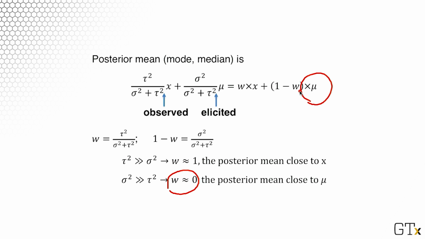But that happens only if the variability of the experiment exceeds the variability of what you believe about the parameter. So in a very natural way, most of these Bayes rules that we are going to discuss are some sort of compromise between what you observe, or the estimator coming only from the data, from the observations, and what you believe, which is estimator coming from the prior.